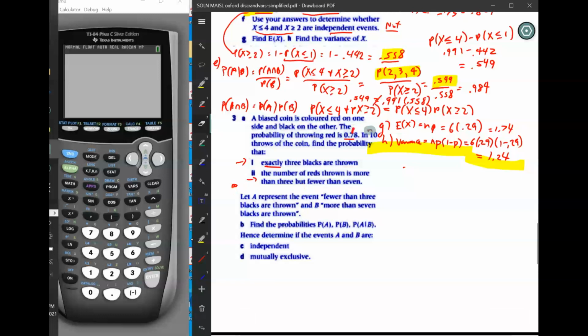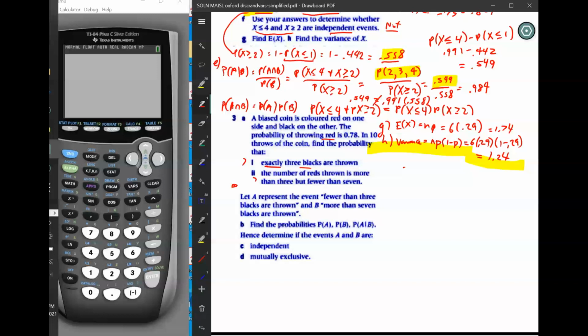It says, what's the probability that 3 blacks are thrown? And this is a little bit tricky because if you look at the information they gave you, the p-value they gave you is related to throwing a red. And they're asking what's the probability that we get exactly 3 blacks. So remember that the coin is red on one side, black on the other.